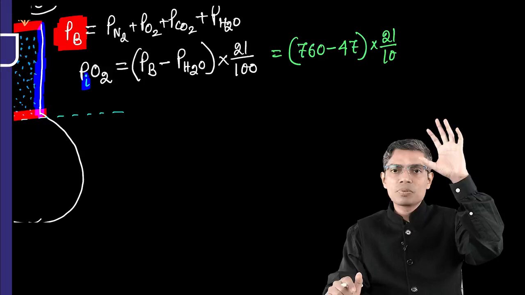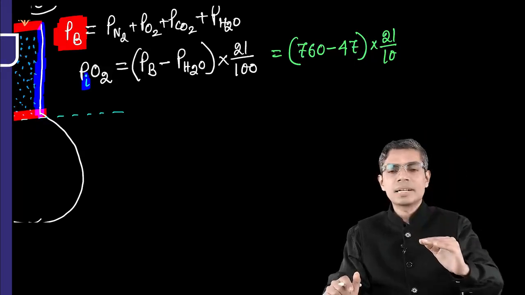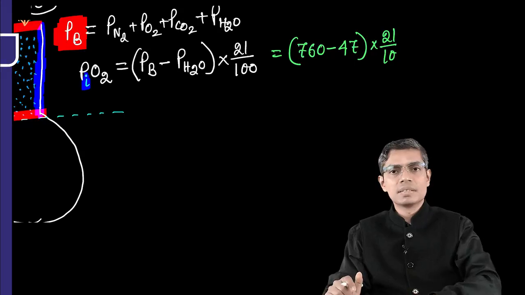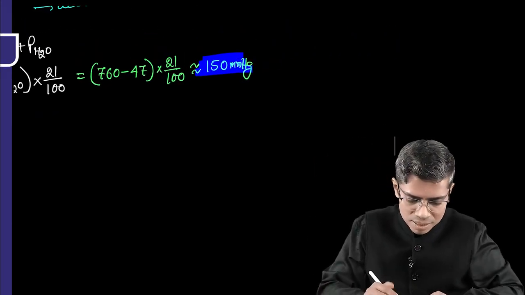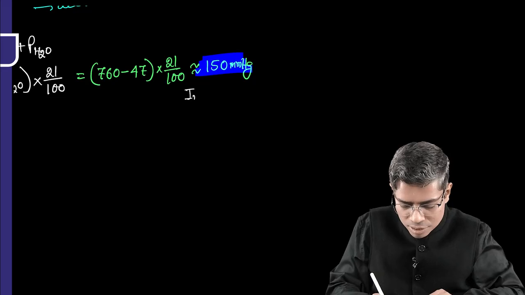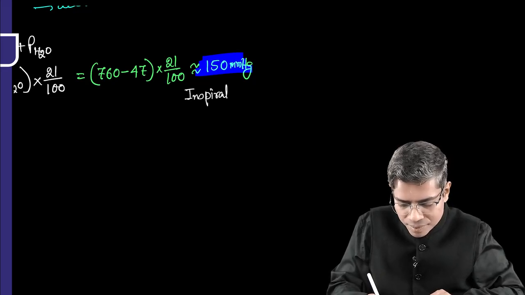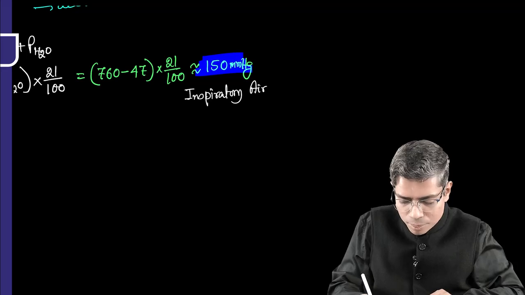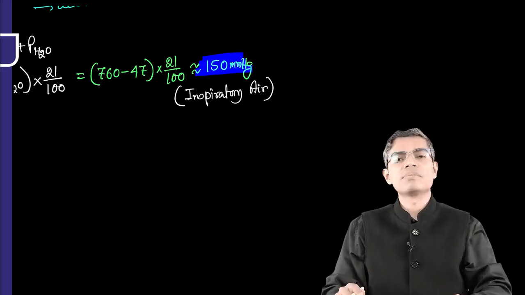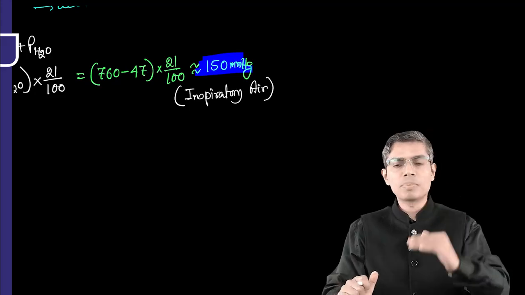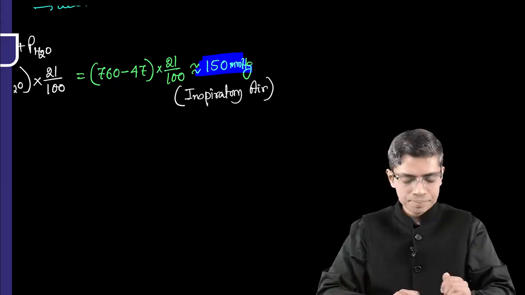So at the level of the atmosphere it is 160, and at the level of the conducting zone, the inspiratory air, it is 150. Please remember, this has also been asked in MCQs. This is known as the inspiratory air oxygen partial pressure, that is 150 millimeters of mercury. So there is a drop of 10 millimeters of mercury pressure, right?